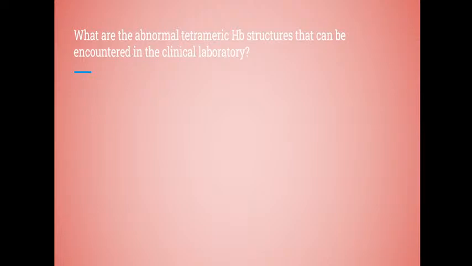We also did the review on your thalassemias, how nomenclature happens, how the names come about, and how they combine with the abnormal S genes. Now we're going to talk about abnormal tetramers. There are two forms that you need to be mindful of. This is HBH and Bart's hemoglobin.